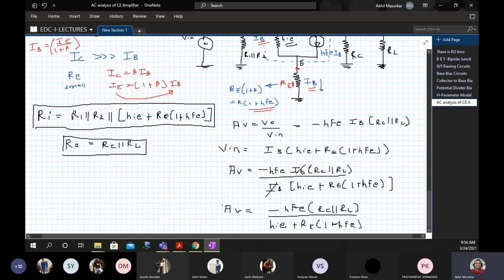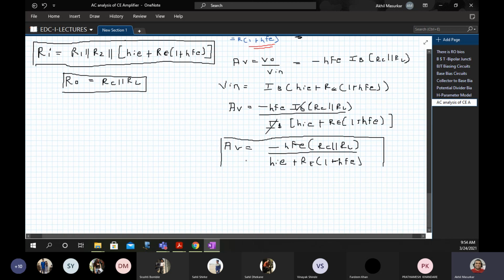So you can see that the voltage gain was initially minus HFE, RC parallel with RL upon HIE, but this term is now additional. So the denominator has increased. So because of that, the gain will fall.